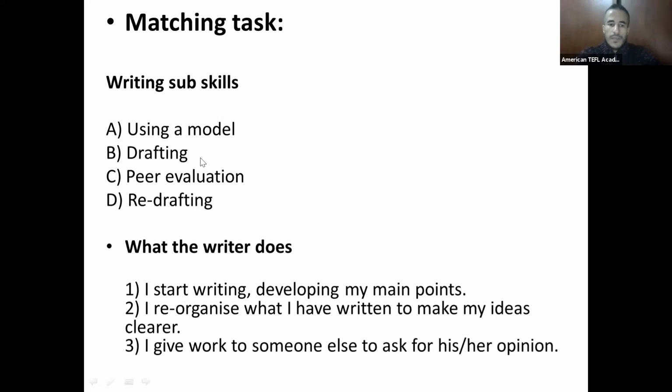Now, you match the subskills with what the writer does. I reorganize what I have written to make my ideas clearer. I give work to someone else to ask for his or her opinion. So what do you think? Which one is using a model, drafting, peer evaluation, redrafting, etc.? So you match A, B, C, D with 1, 2, 3. Let me give you 2 minutes.